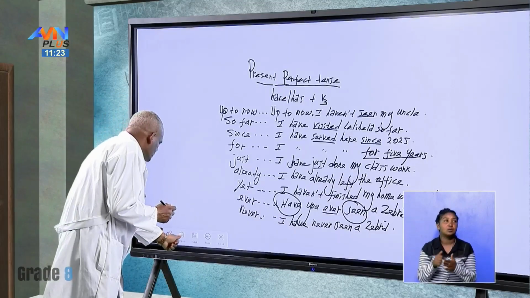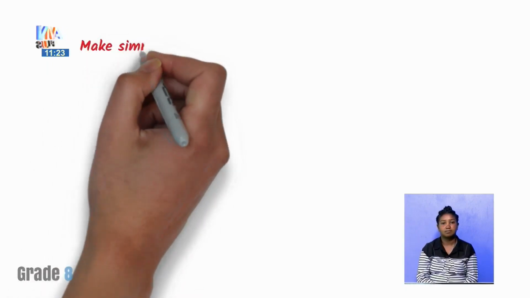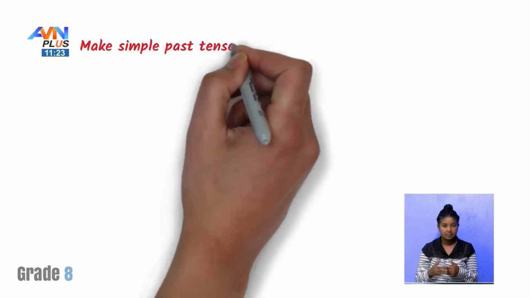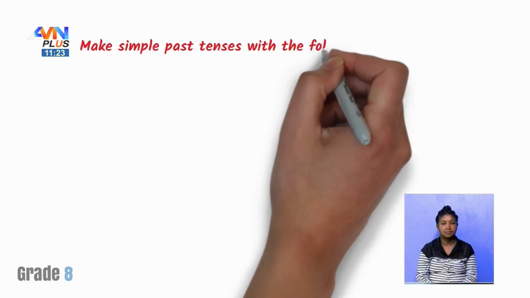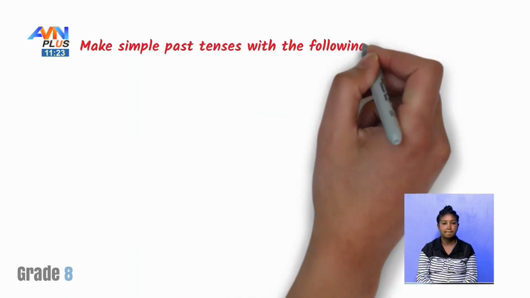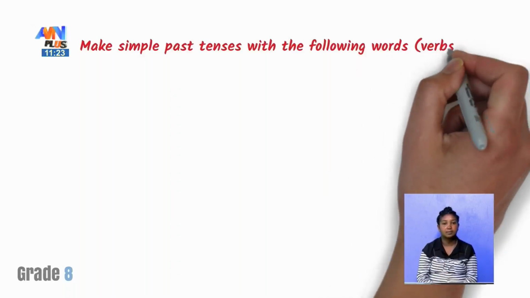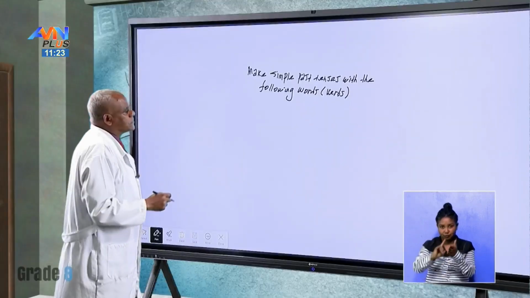So, make simple past tenses with the following words or verbs. I'm going to list down those verbs, right?